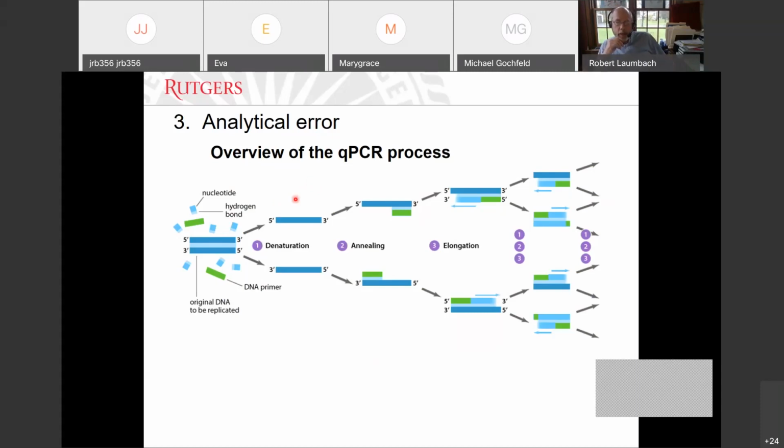So the idea is that the qPCR is used to greatly increase the amount of the target DNA so that it can be detected. And it does this by an exponential process of sequentially denaturing the DNA at a relatively high temperature, which breaks apart the two strands of the DNA, and then using two primers that are specific to the sequence of DNA that we're interested in, and these would be viral DNA, presumably if there is viral DNA in the sample.